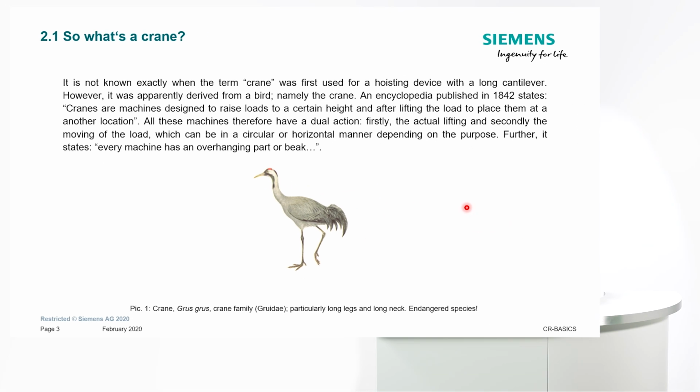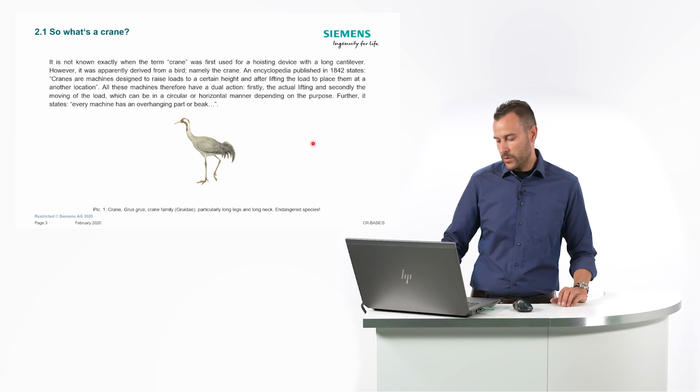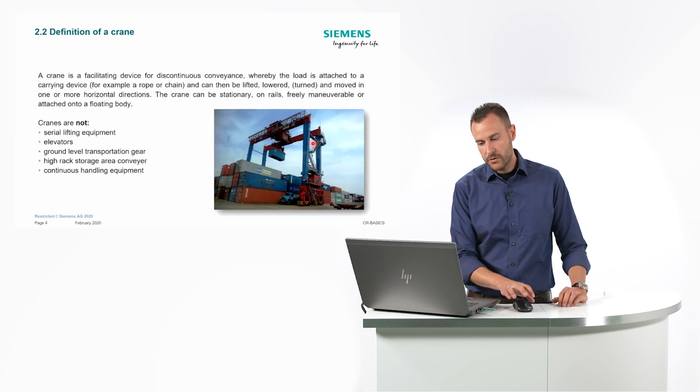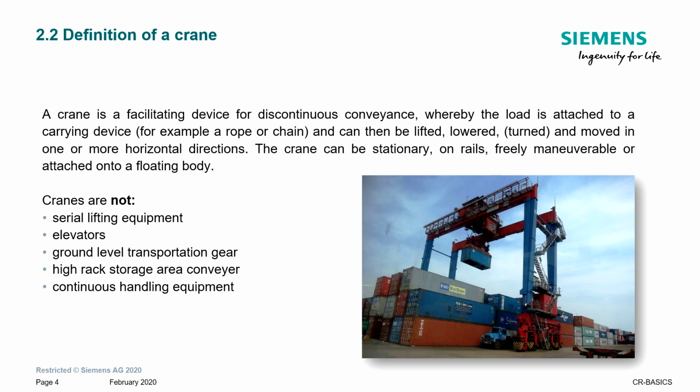So it seems, also from the history, that the word crane for the bird and crane for the mechanical machine are the same. We also have the definition of a crane. What we will not talk about this week is serial lifting equipment, so small lifting equipment and hand-driven machines.